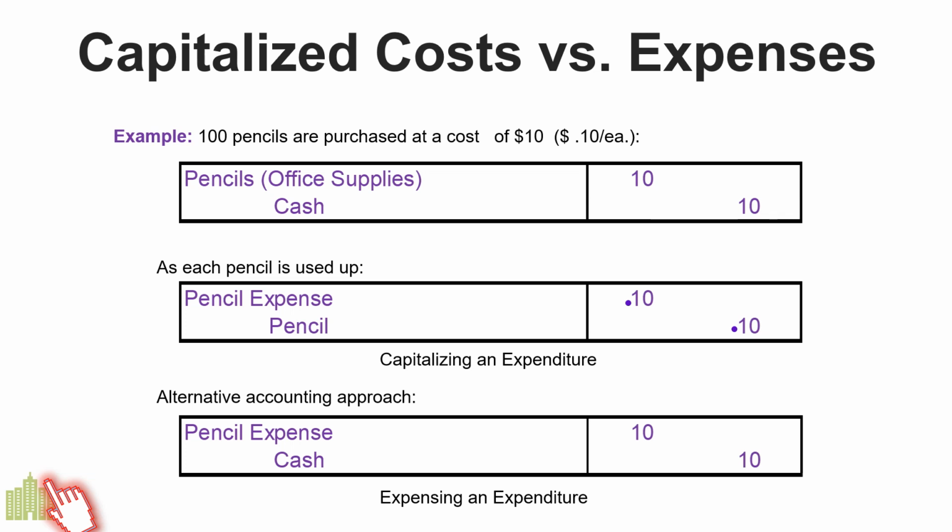Well, one of the justifications for simply calling it an expense rather than an asset might be the fact that it's so doggone immaterial. I mean, heck, $10. Do we really want to account for pencils as an asset and have somebody account for every single pencil being used up and then reflecting it as an expense of 10 cents?